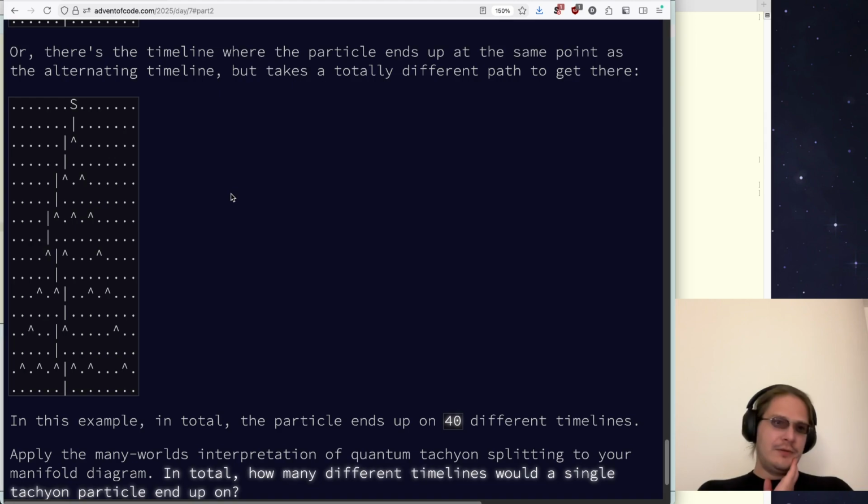Can we say that there is a property that the number that we calculated previously is somehow related to the number of possible timelines? So if we know that 21 splitters were hit by a beam, that means what?